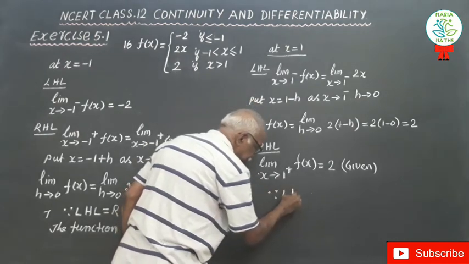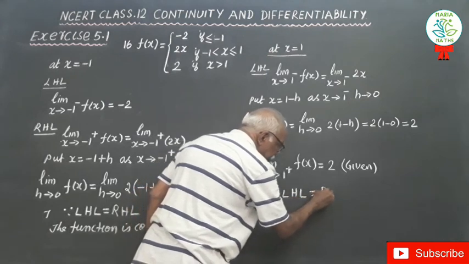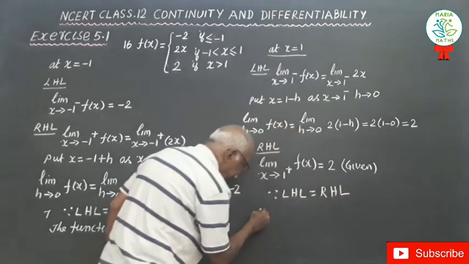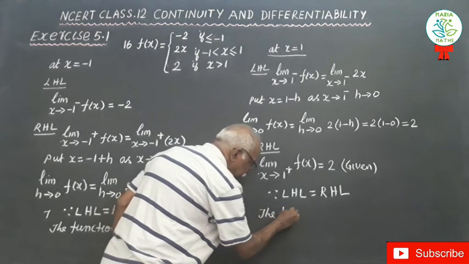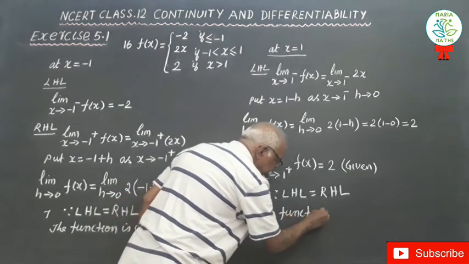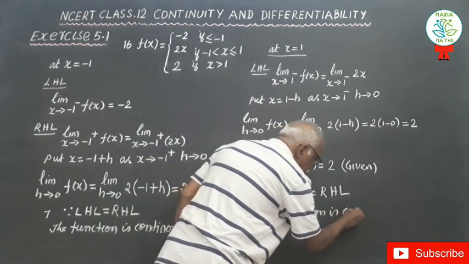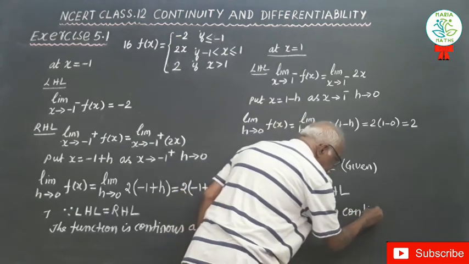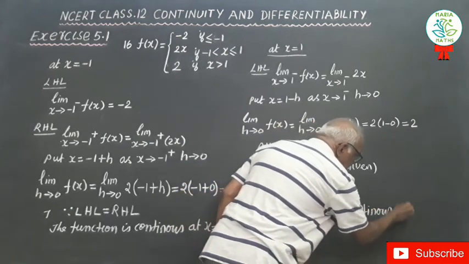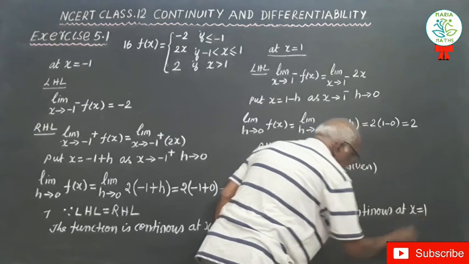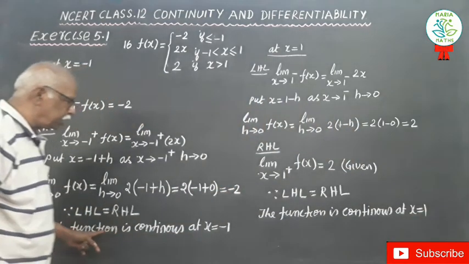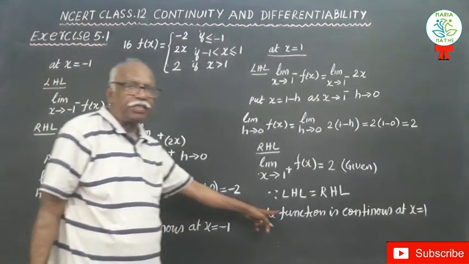Since LHL equal to RHL, the function is continuous at x is equal to 1. The function is continuous at x is equal to minus 1 and at x is equal to 1.